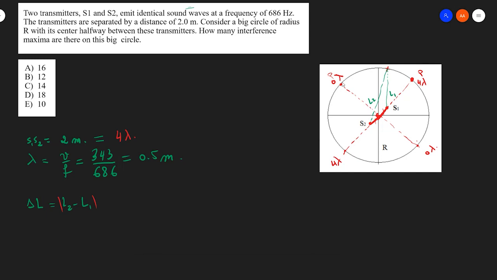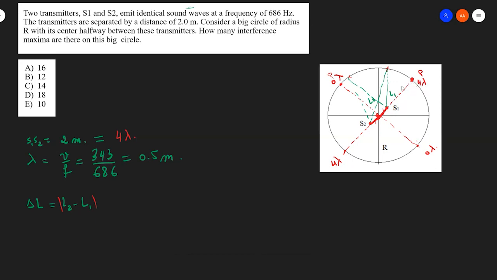Now, what happens when I go from 0, this point P goes this way. I know that when I am here, the distances S2P and S1P will differ: this one will be larger than this one. So the difference will increase until I arrive at 4 lambda.